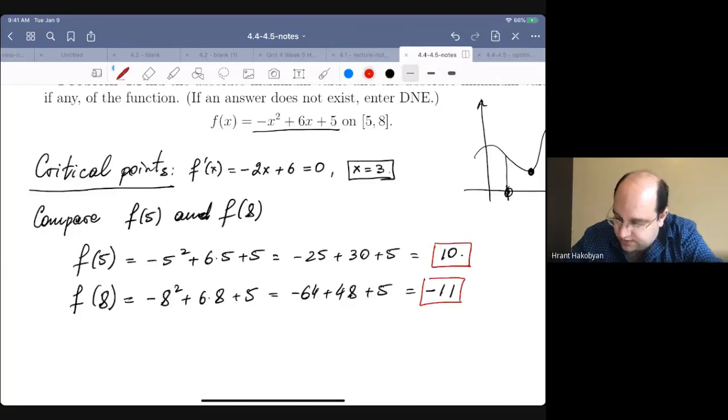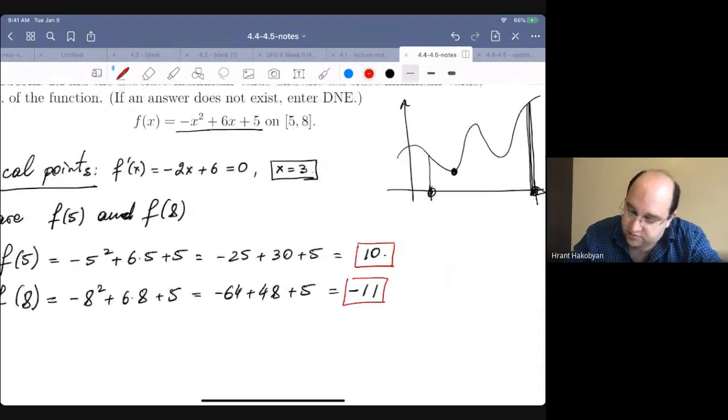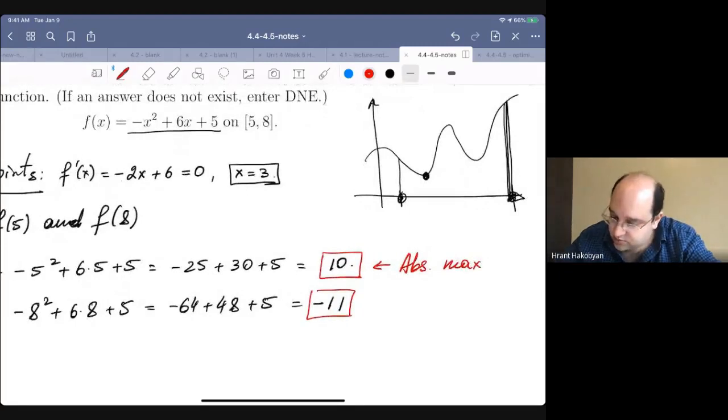So there's two things and I compare them. Which one's bigger? Well, 10 is bigger than negative 11, of course. So that means this one here is the absolute maximum, and it's asking for the absolute maximum value. And this one here is the absolute minimum value.